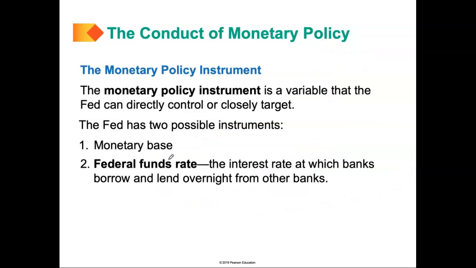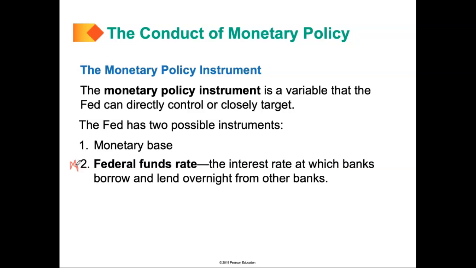Now, the second and the most common one, which the Fed normally uses, is what we call the federal funds rate. And you've probably not seen this before, so you probably need to be writing this up. The federal funds rate is basically the interest rate at which banks charge each other when they lend and borrow from each other. Believe it or not, your local bank borrows money from other banks or lends money to other banks.